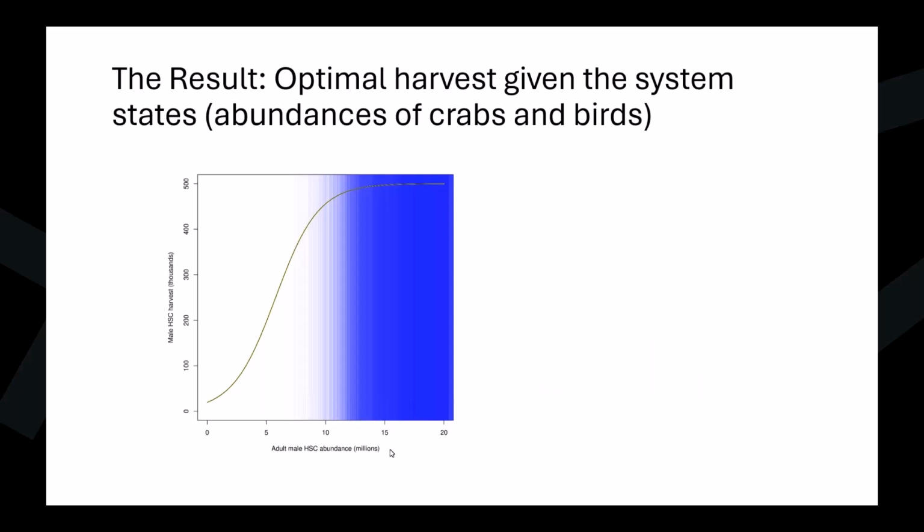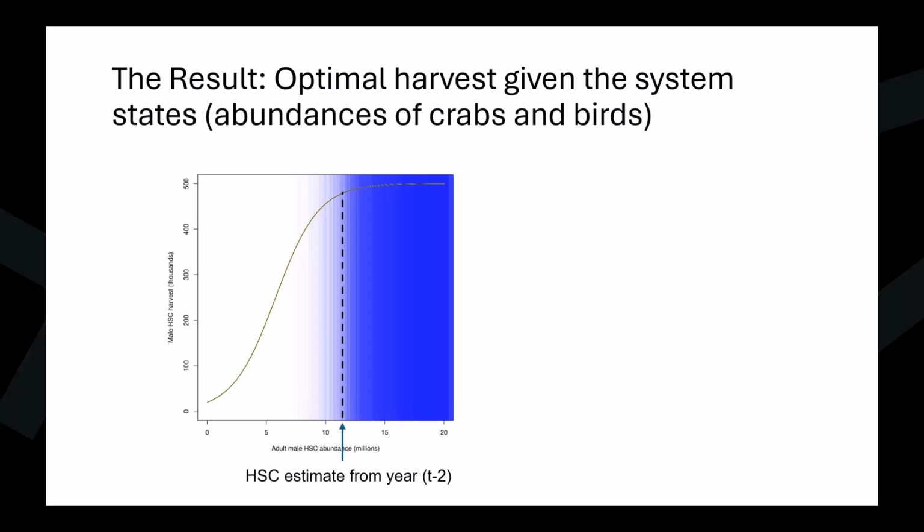The blue lines, which meld together into a blue solid block there, those are actual simulated values of male horseshoe crab abundance in the future over many thousands of replicates. It's the guts of the optimization, basically. But this is just showing you where the system is expected to be in the future. It's expected to be in this blue blob.